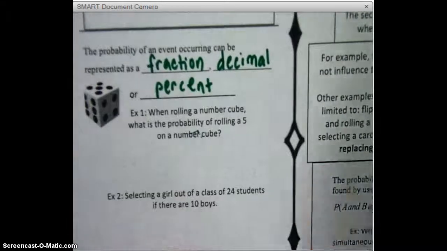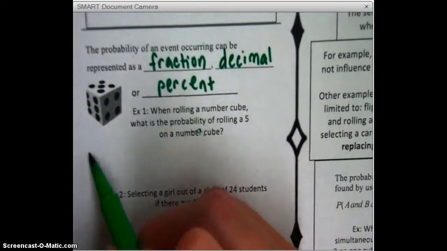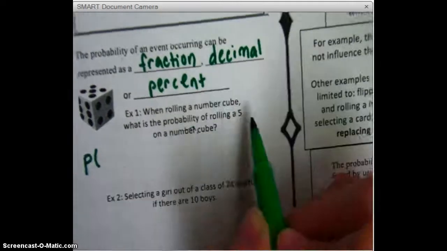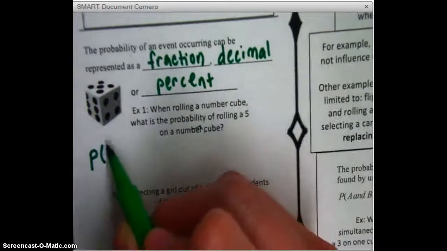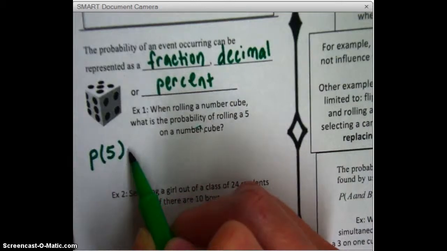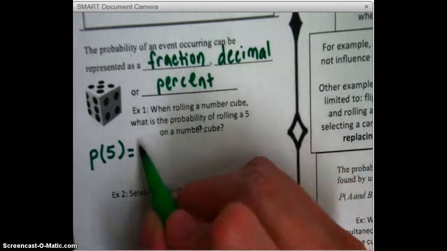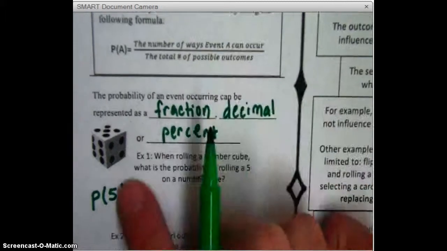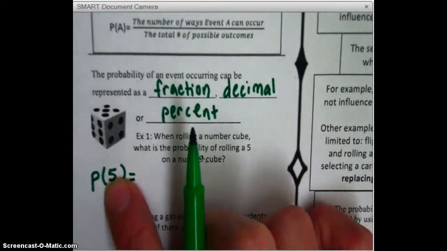So when you write down the formula for probability, you always start off by saying, what is the probability of whatever you're looking for? Here we're trying to find the probability of rolling a 5. So what's the probability of rolling a 5 on this cube? The top number is the number of ways event A can occur. So essentially it's saying how many 5s are there.